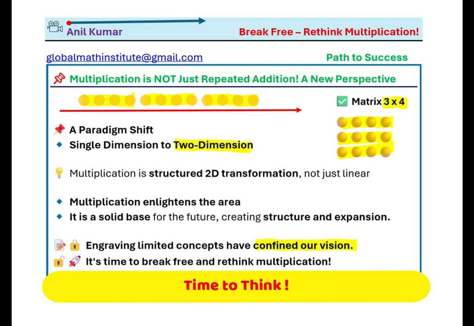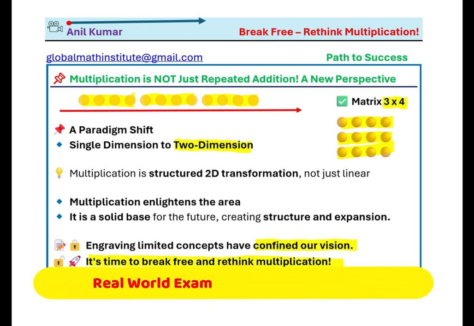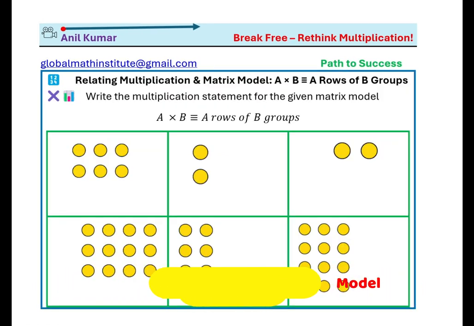And now it is time to break free and rethink multiplication as different aspects. One of them is rows into columns, providing us with area. So it changed the dimensions from linear units to area units, unit to unit square. Perfect. Keep that in mind and then answer these questions.